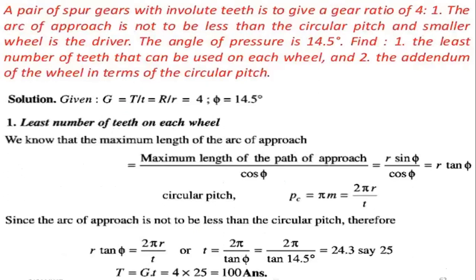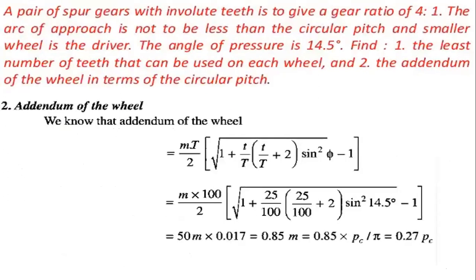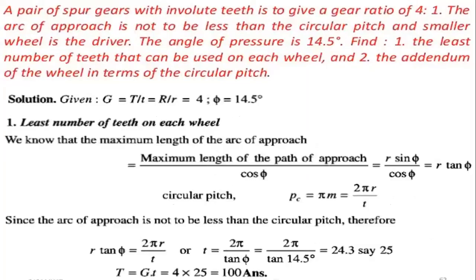So this is the question given here. A pair of spur gears with involute teeth is to give a gear ratio of 4:1. So this is the gear ratio for that one.